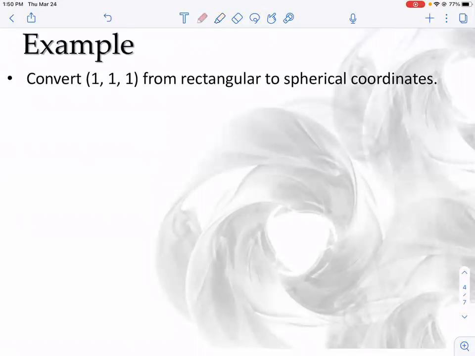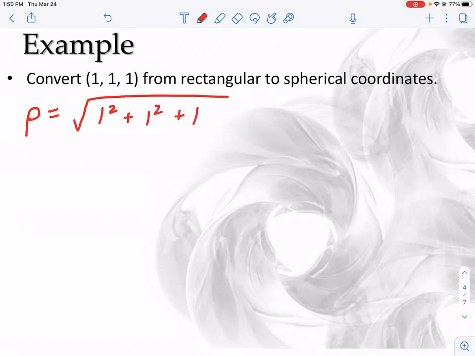All right. So rho is the square root of x squared plus y squared plus z squared. So what's rho? Radical 3, we'll just keep it as radical 3.